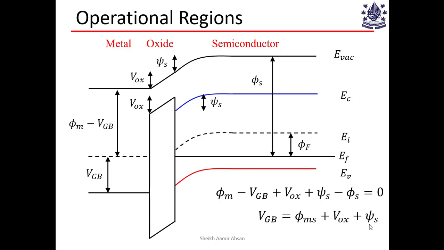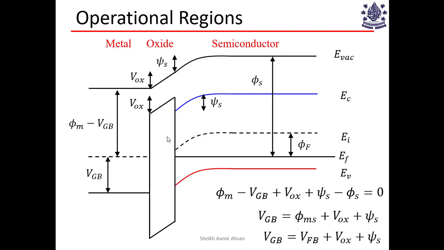Now note, in this case, we've ignored any charges in the semiconductor and in the oxide. So this is an ideal case of an oxide where you do not have any interface charges, you do not have any imperfections. It's free from all of that. So often you'll see that phi ms can synonymously be used as flat band voltage if there is no charge in this oxide.